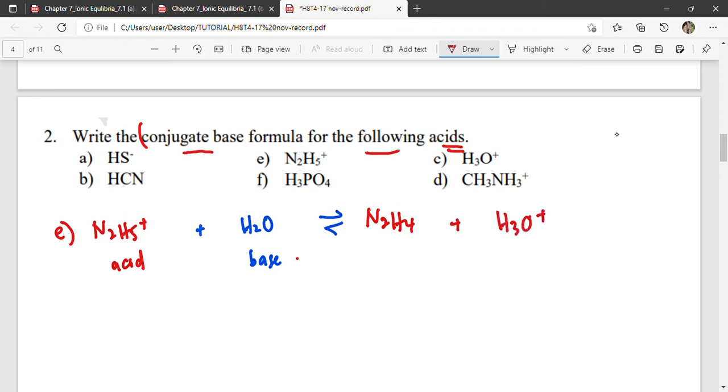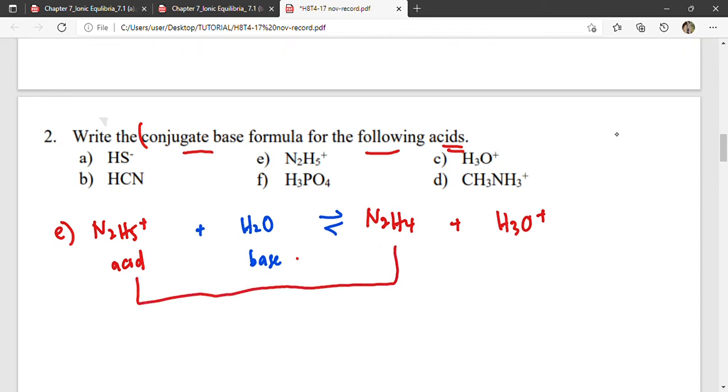So the acid has the conjugate base as its pair, and the base has the conjugate acid as its pair.